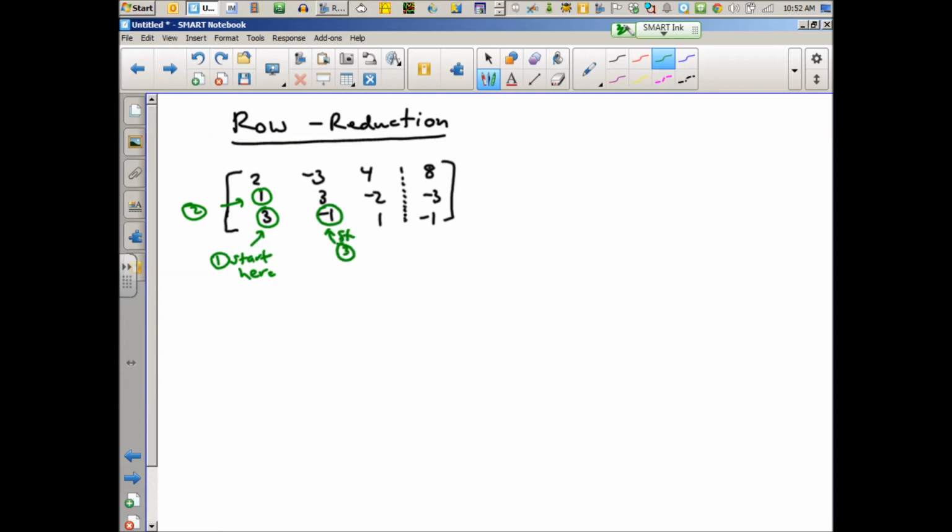I'll label this step 2, step 3. And once you've got those 3, you're pretty much in REF form. Then you jump up here and you do this spot. Then you do the one underneath it. And then you do, lastly, the top middle.